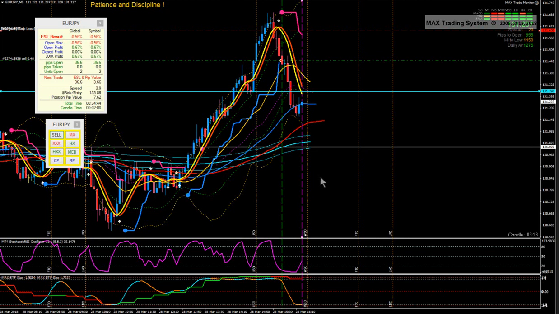Of course, you can decide, possibly, if you are using other concepts, because there are good ideas everywhere. If your price reaches some levels giving you a predefined reward to risk ratio, yeah, you can close the trade. Why not? But that way you will never give yourself the possibility to exploit a trend if the trend unfolds.